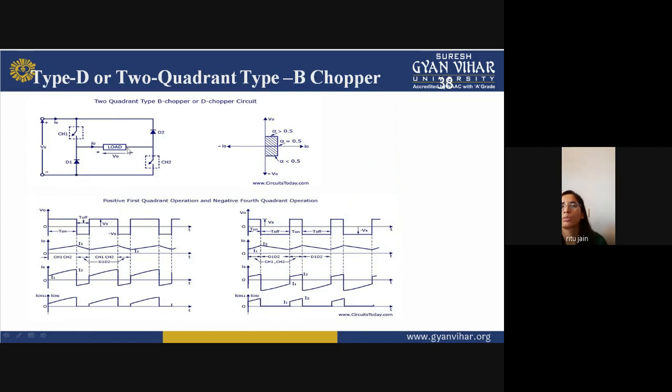Through these diodes, the current direction will remain positive, but the voltage will be in opposite direction.